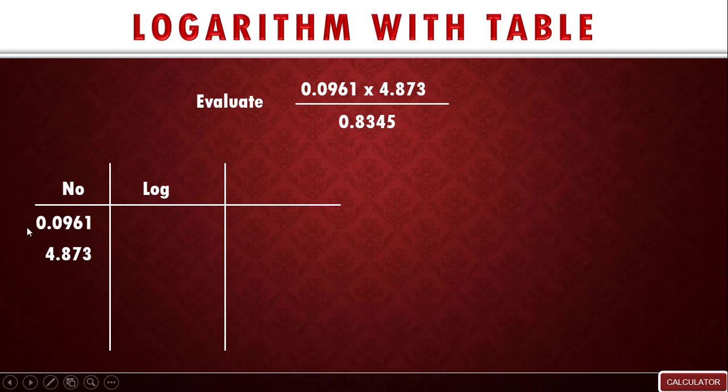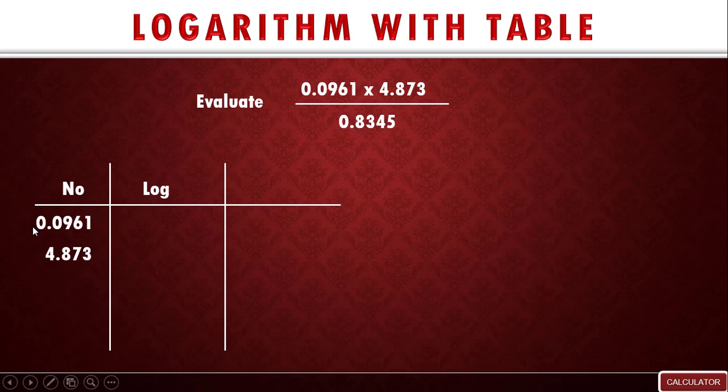The first number is less than 1, but the second number is greater than 1. That means for the second number you can use your calculator to determine it directly, but for the first number you cannot use the calculator directly. You only use a workaround.